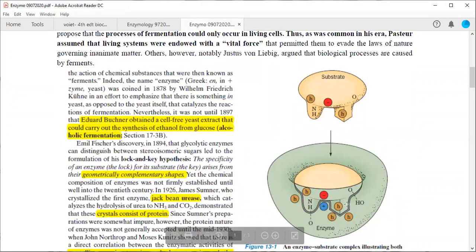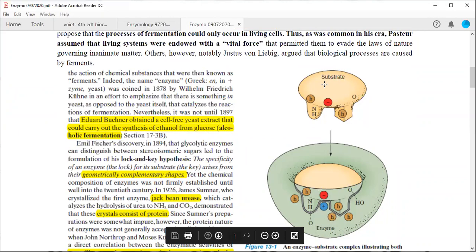Instead, because most enzymes are made up of proteins, they are flexible. They can change their shapes, and most probably this change in shape is a result of binding of substrate. Once the substrate binds the enzyme, it makes some conformational change in the enzyme itself so that the enzyme can interact more efficiently with the substrate.